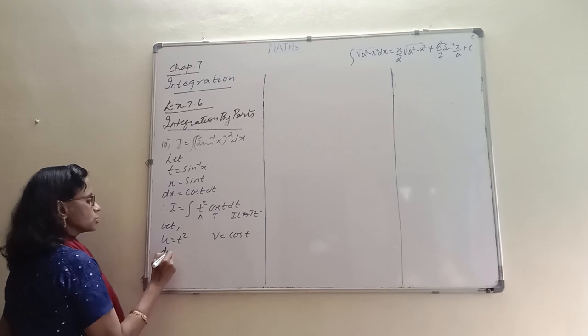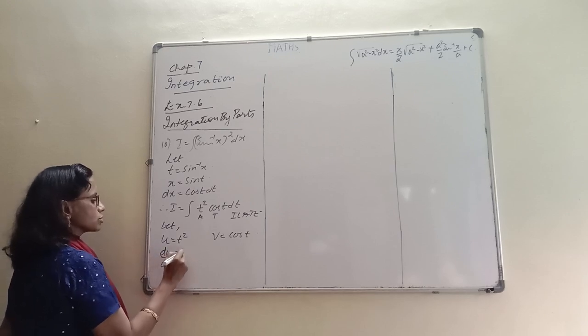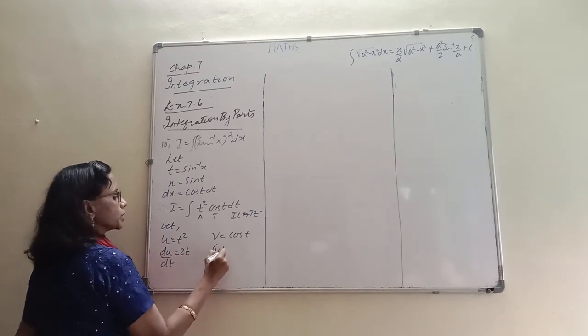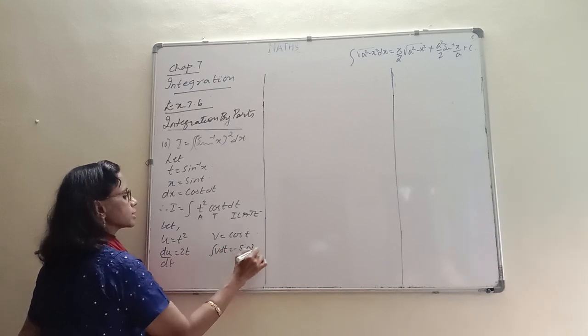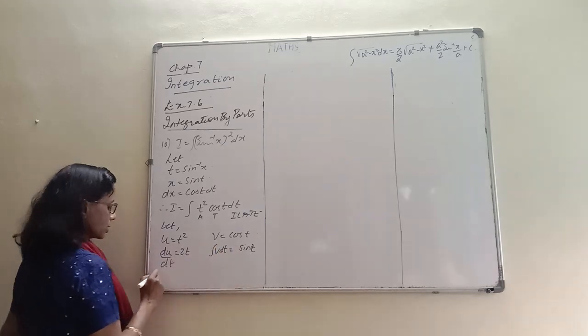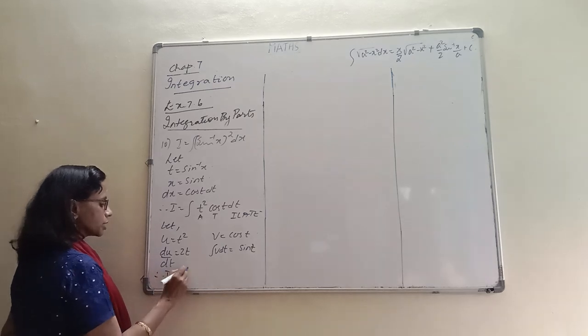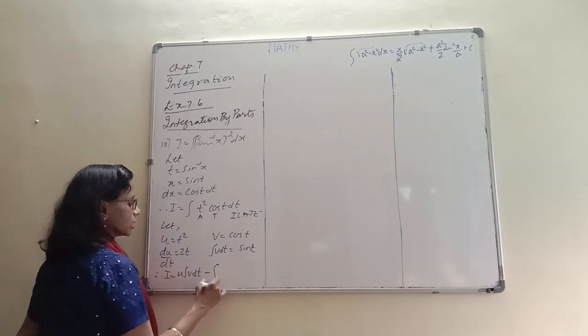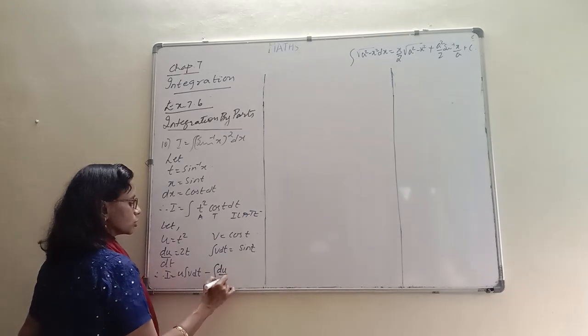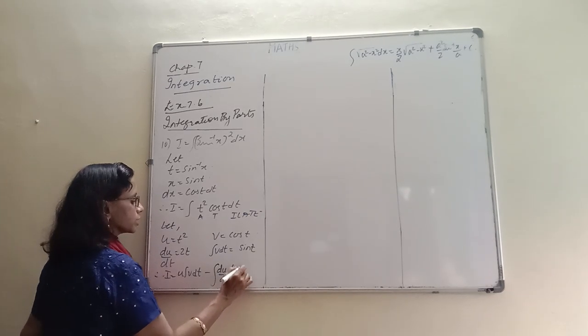So you get du over dt as 2t, and you get integral v dt as sine t. So your integration becomes u integral v dt, because t is the variable here, minus the integral of du over dt times integral v dt, whole dt.